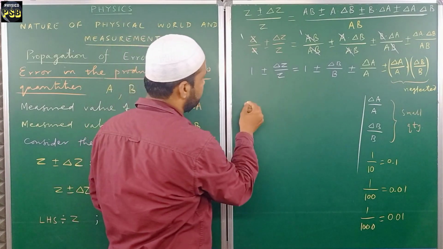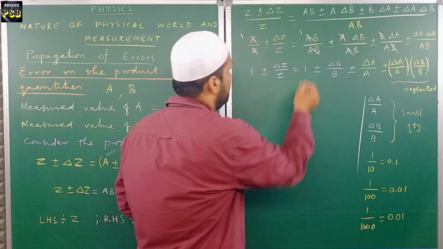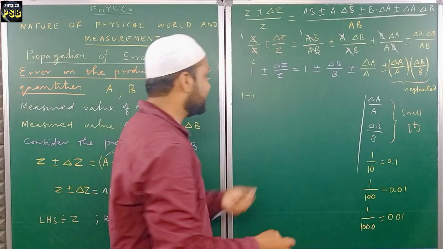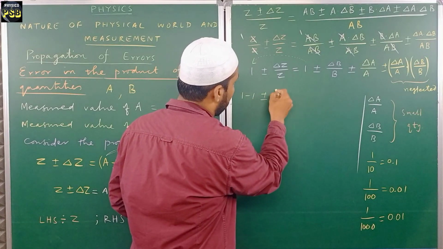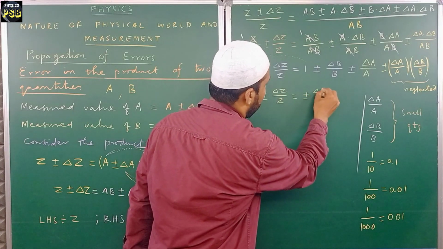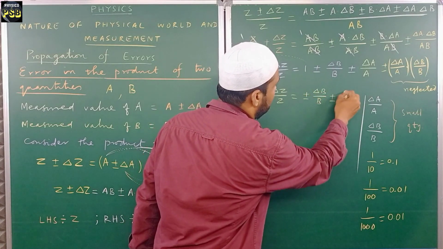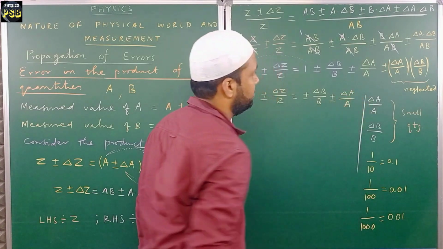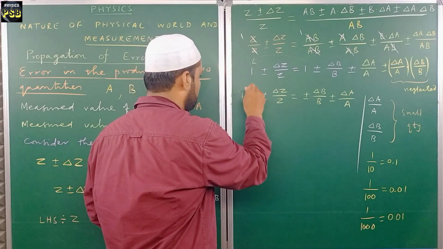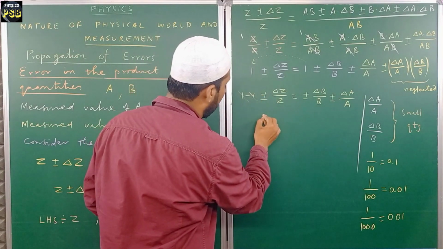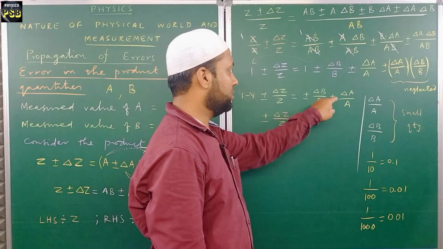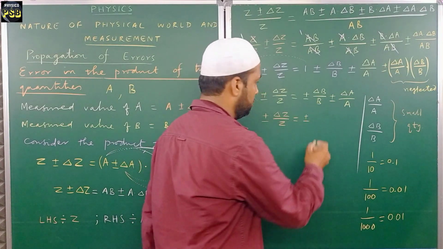So what I obtain here is this. Now before doing so, 1 is taken to this side. So plus 1 will become minus 1 when it is taken to the other side of the equation. So 1 minus 1 plus or minus delta Z upon Z equals plus or minus delta B upon B plus or minus delta A upon A. Okay. This 1 minus 1 cancels, it becomes 0. What remains is plus or minus delta Z upon Z. On this side, I take plus or minus common.